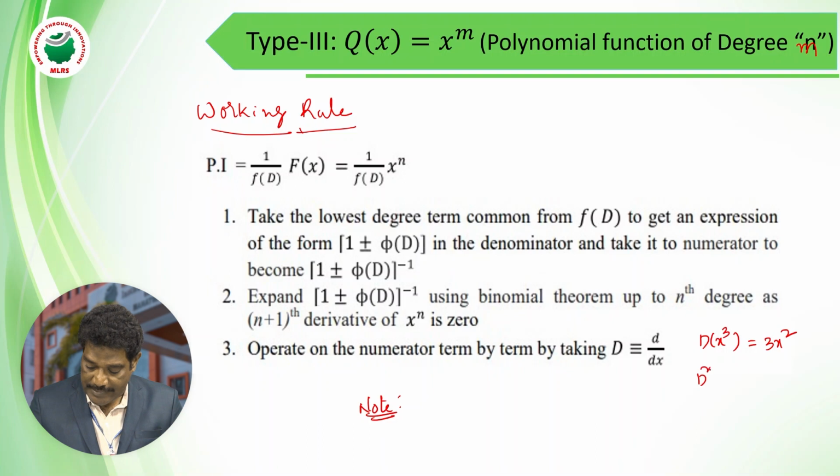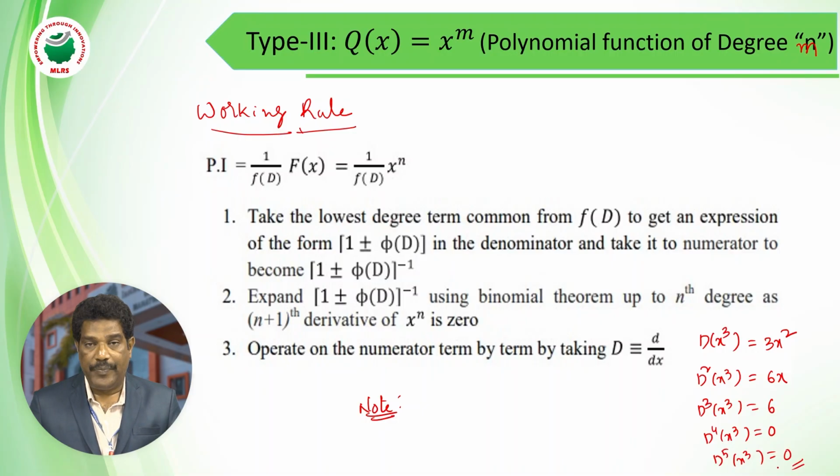D square of x cube means twice the derivative of x cube, that becomes 6x. D cube, again 3 times, becomes 6. D to the 4 of x cube becomes 0. D to the 5 of x cube also becomes 0.